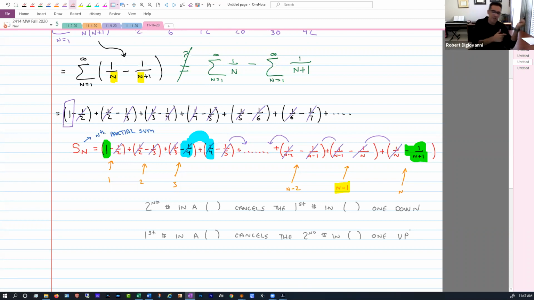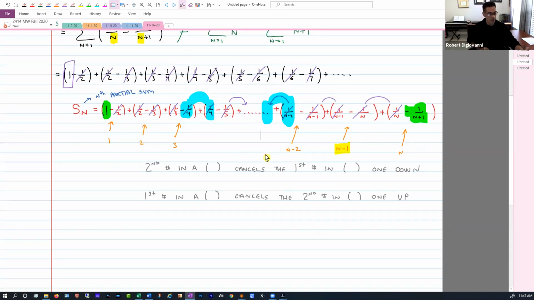So I guess up means left and down means right, okay? You could say it either way, couldn't you? So if I look at, let's see, highlight here in blue again. If I looked at that first guy right here, the first number in this parentheses, it cancels with the second number in the parentheses 1 in front of it. So it canceled with that thing that was in there, right?